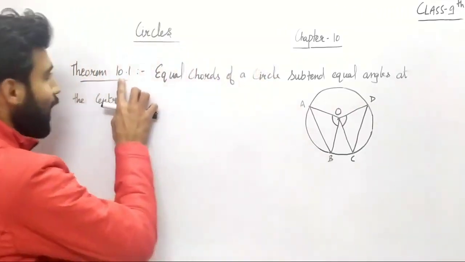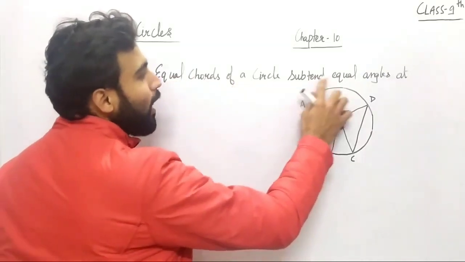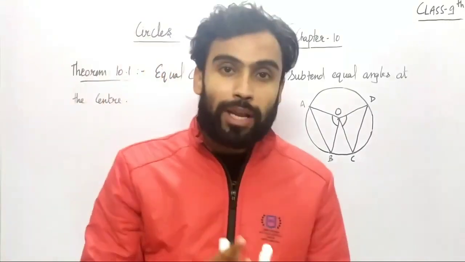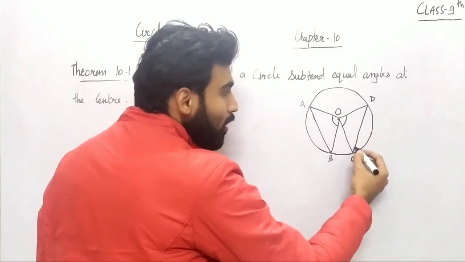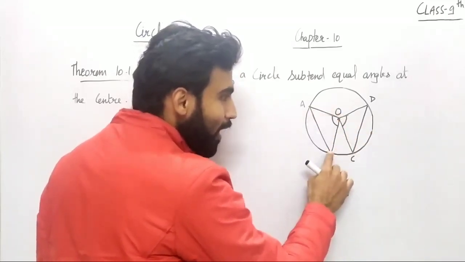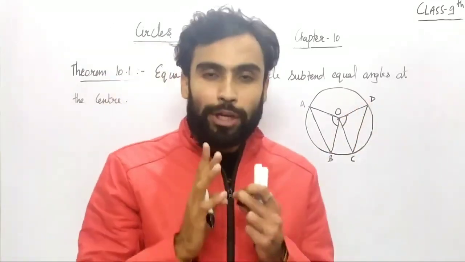This is Theorem 10.1, which says that equal chords of a circle subtend equal angles at the center, right? In this theorem I will prove that these two equal chords subtend equal angles at the center. That means angle AOB is going to be equal to angle COD. This is what I am going to prove here.